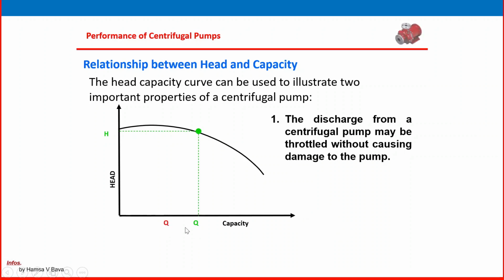See, the discharge is slightly reducing, the head is also the same, and as the discharge valve closes, the head is not much reducing, until it is fully shut off.